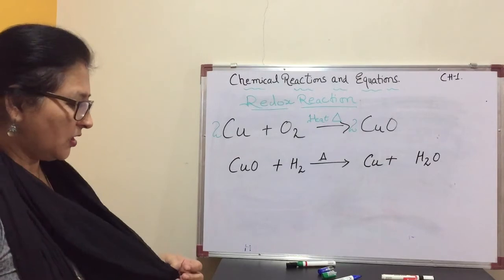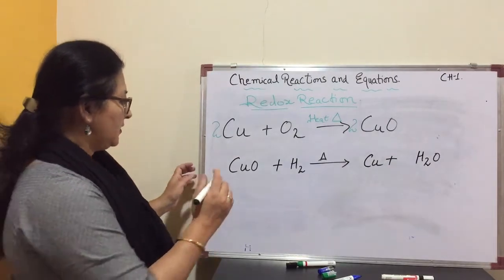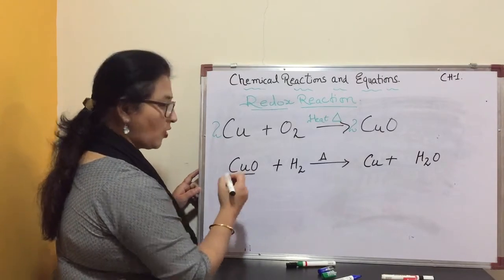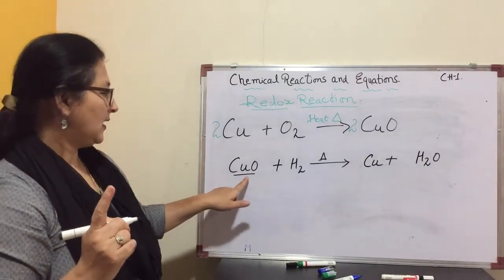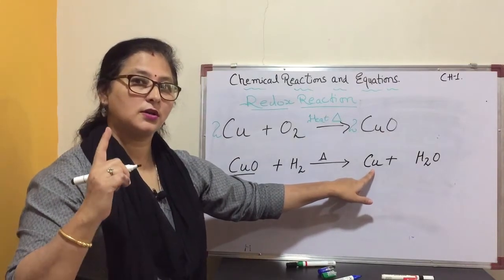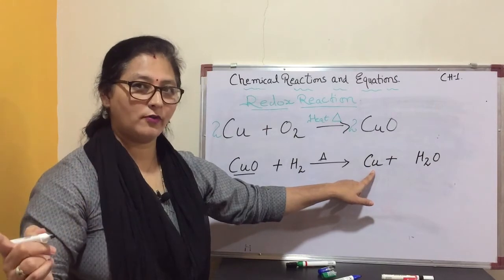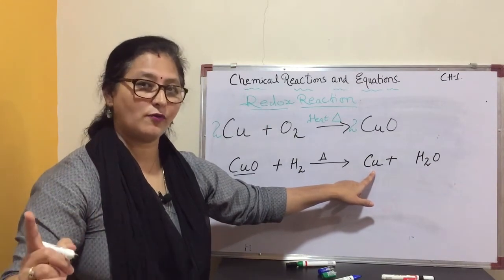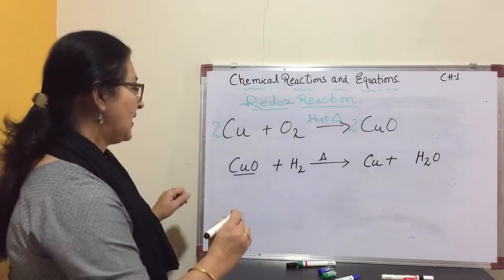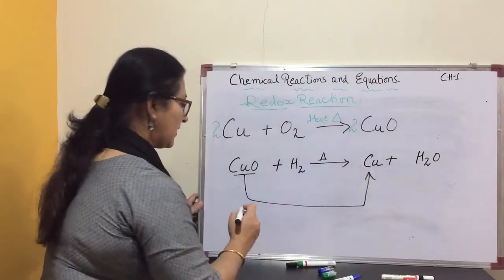Now if I see in this particular reaction what is happening, CuO, this is copper oxide. After the reaction it has lost oxygen. So removal of oxygen, or loss of oxygen, is what? Reduction reaction. So this one is reduction.